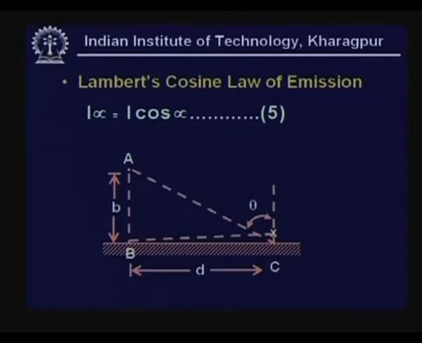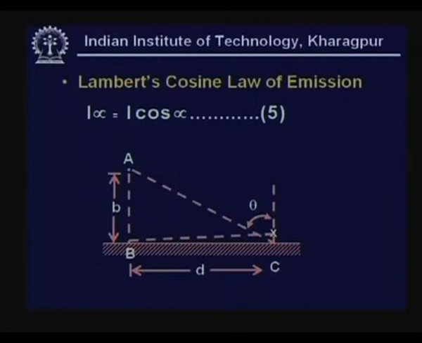And what is the distance? Distance is d. Recall, this angle can go from theta equal to 0 to 90 at the most. If the point of observation is B, right below the lamp, what is theta? Theta is 0 in that case, because the radial output light ray and the normal axis are coincident.